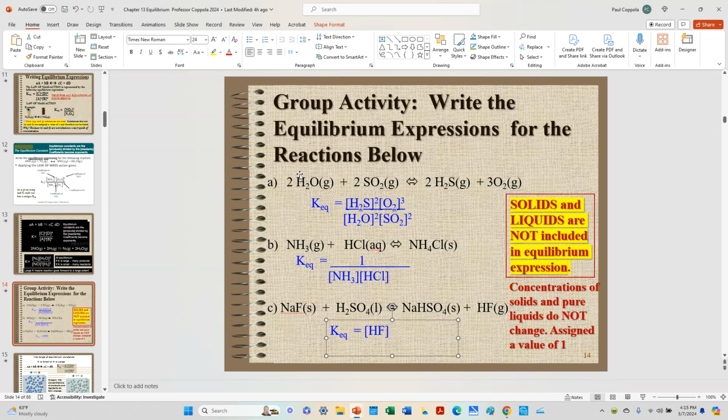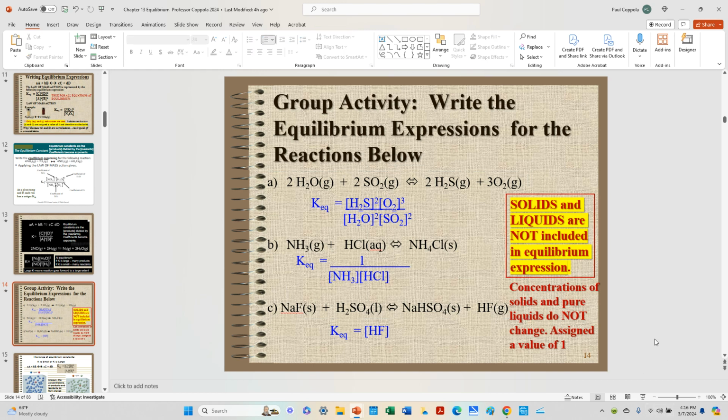So you've got to watch out, because in an equation like this, you've got a solid that's not included. You've got a liquid that's not included. This means it would be pure sulfuric acid with no water at all, just pure. That's not included. And this is a solid, so that's not included, and that's a solid, that's not included. Anyway, that just emphasizes that you don't include solids or liquids in the equilibrium expression.